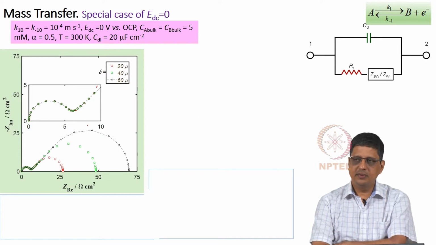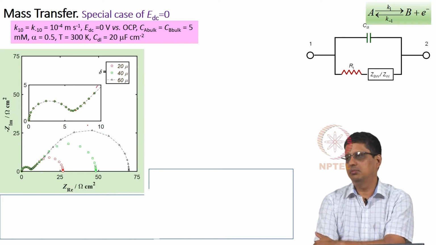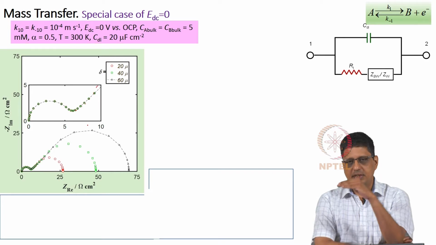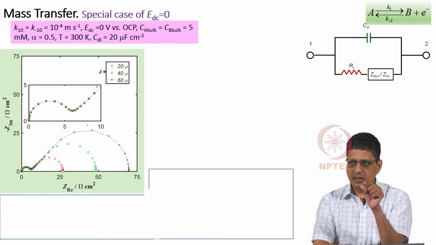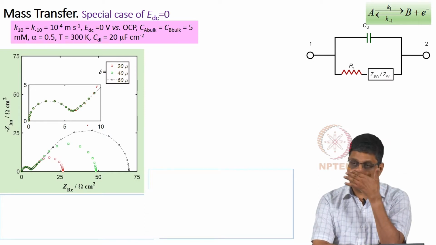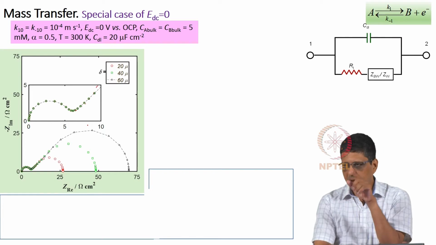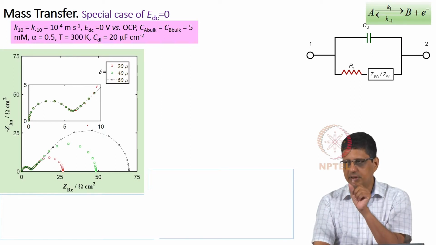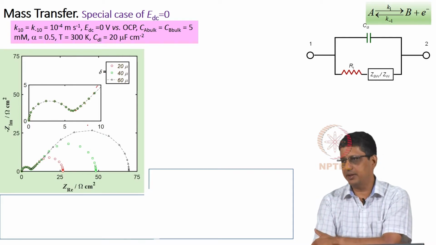Basically, at high frequencies, the fluctuation in concentration is not that high. At high frequencies, you have the potential varying. Because of it, the concentration of A and B on the surface will change, but the diffusion can't keep up that easily. If you give a very high frequency, a very fast, rapid change in the potential, the rate constant will still keep up with that, at least that is our assumption.